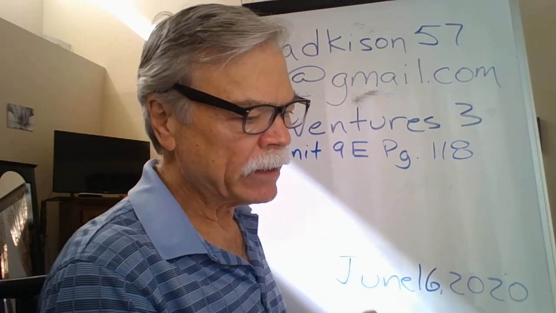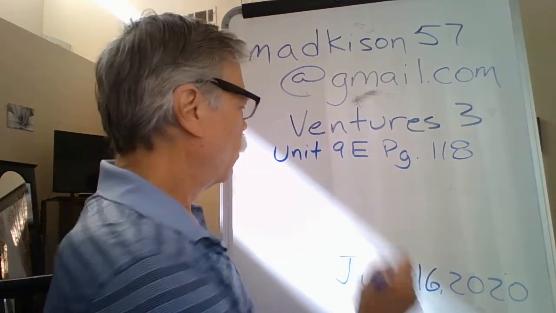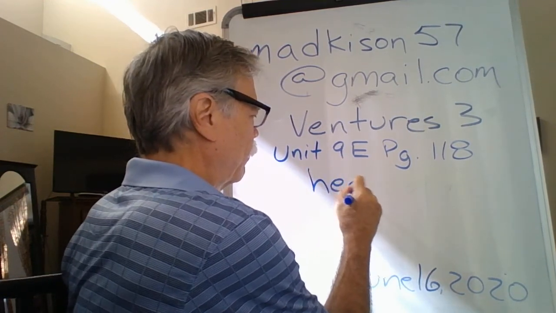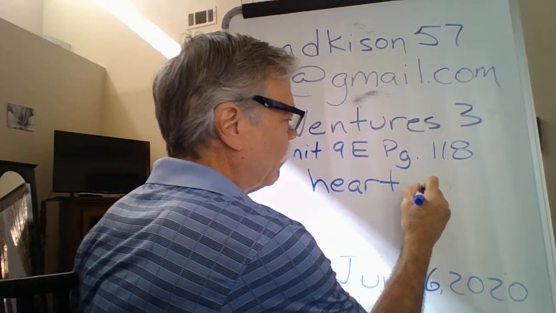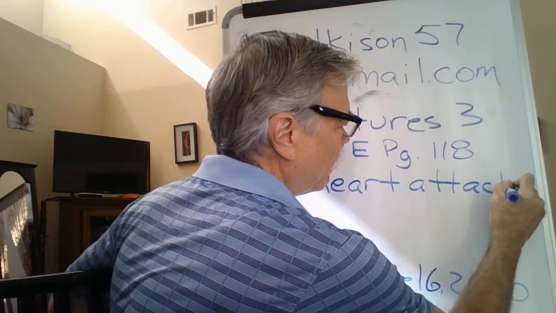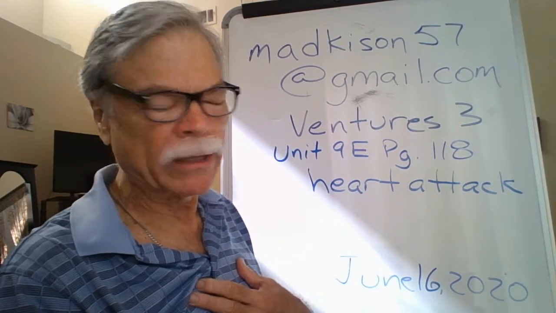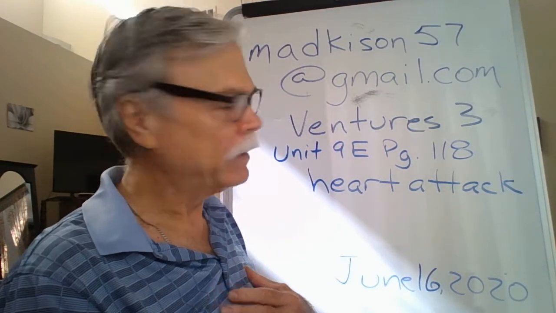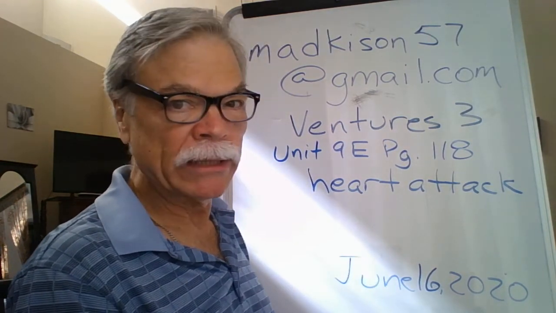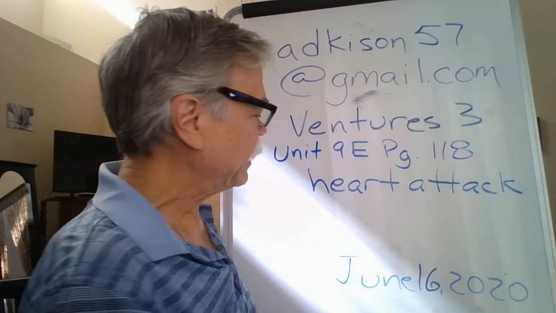And think about the different types of health emergencies that a person might have. One would be a heart attack. A heart attack is when a person's heart stops pumping, and it's a very serious emergency. It needs medical attention right away. What's another type of emergency?